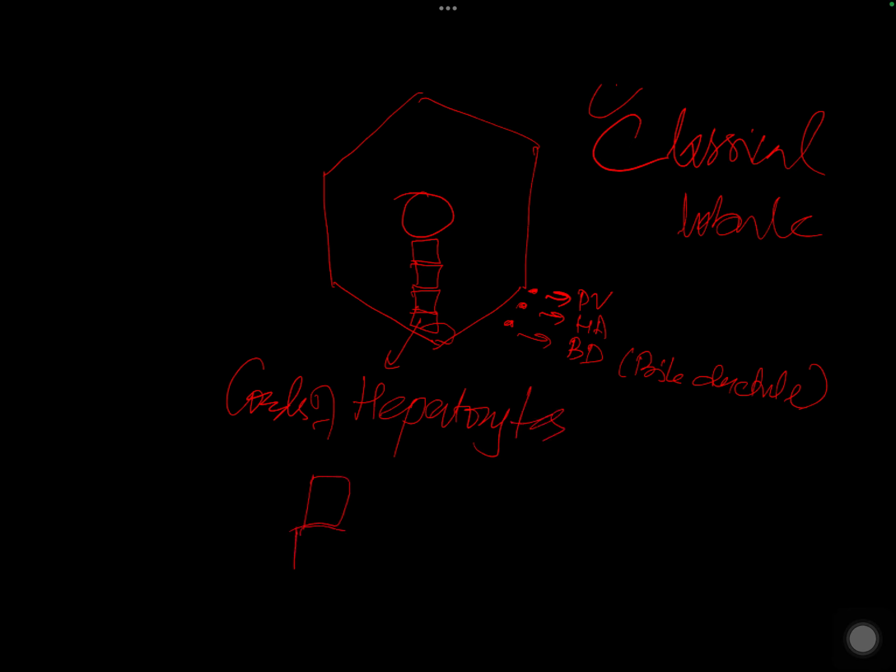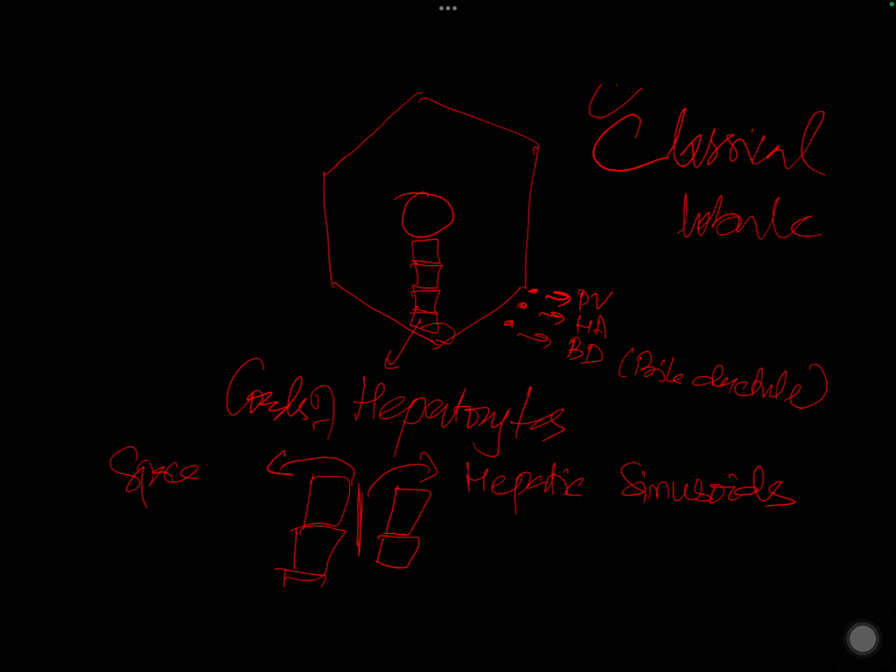Between these two cords of hepatocytes, we have hepatic sinusoids. Then between the hepatic sinusoid and the hepatocyte, we have the space of Disse.